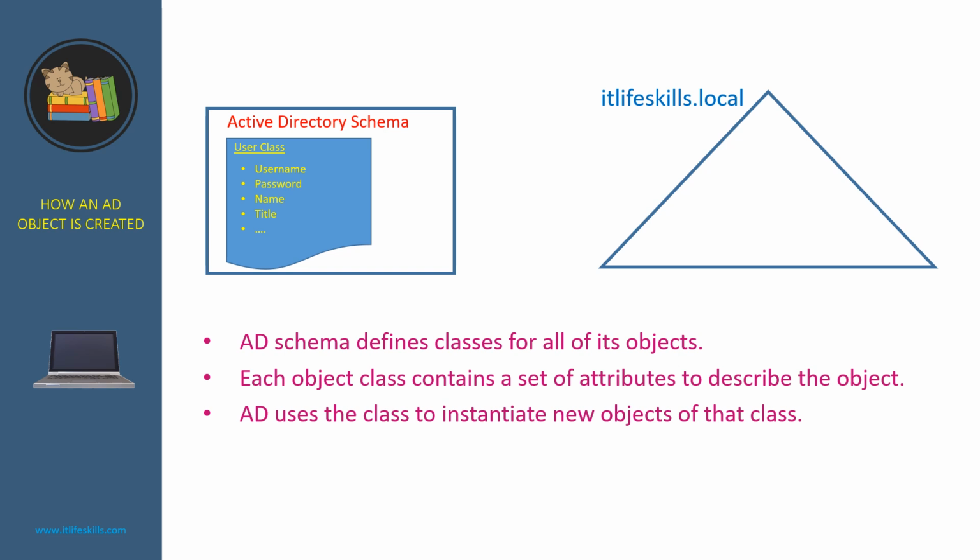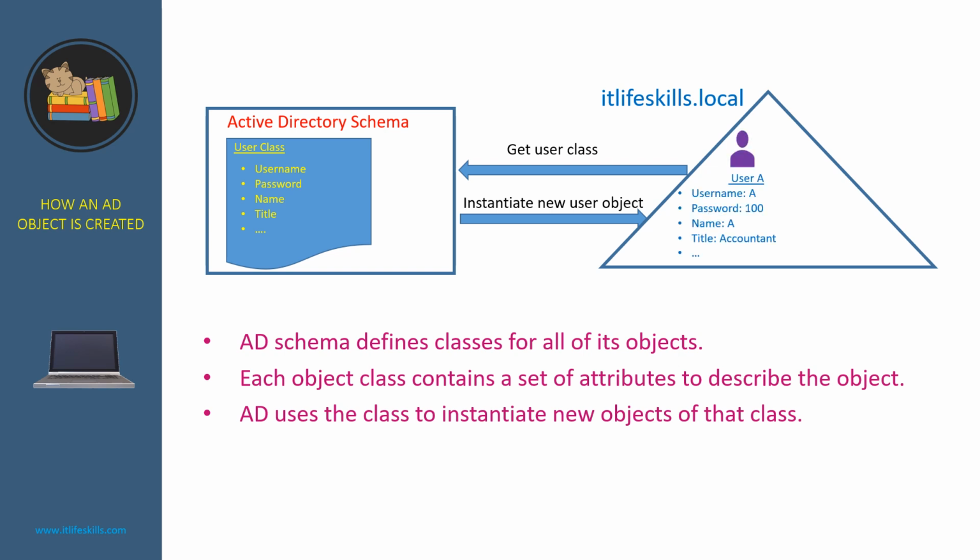Now, when we create a new user in the it-lifeskills.local, it will check with the Active Directory schema to get the user class, and from there it will instantiate a new user object and allows us to create user A and user B with the same set of attributes defined in the user class of the Active Directory schema.